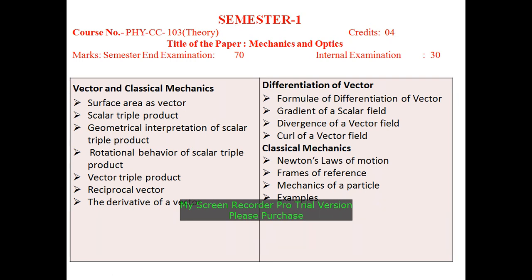The content is very small, but the application of these topics is a kind of formula that we can use to solve various kinds of examples. So vector theory is very small content-wise, but the application of this theory is very important for your example solutions.